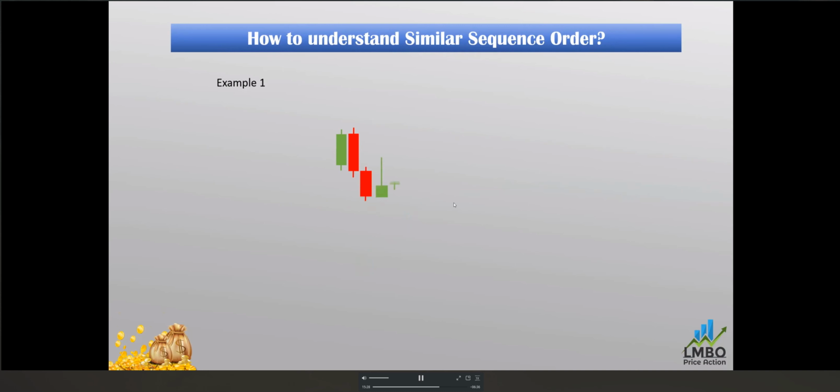Then again one or two green candlesticks, and we find two red candlesticks. We need to find what the similarity between these candlesticks is. The similarity is this: last green followed by two red. If the similarity appears two times in the market, the third time the similarity will appear in the market.